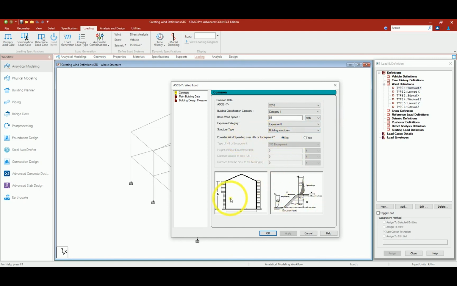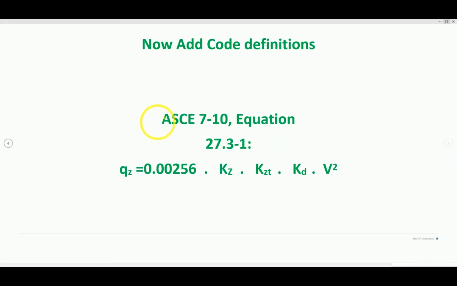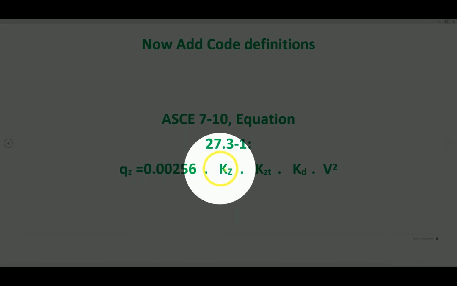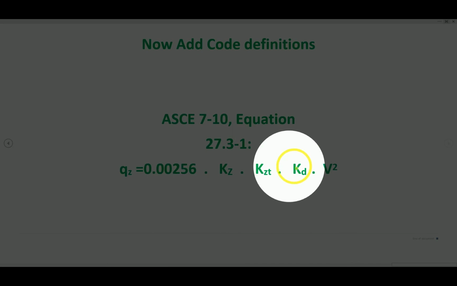So these are the parameters which are standard in almost all the codes. Here StaadPro calculates as per ASCE 7-10 equation 27.3.1, and the pressure qz is given by this formula. It is written in the StaadPro window also, where V is the velocity and Kz, Kzt and Kd are the parameters of wind.